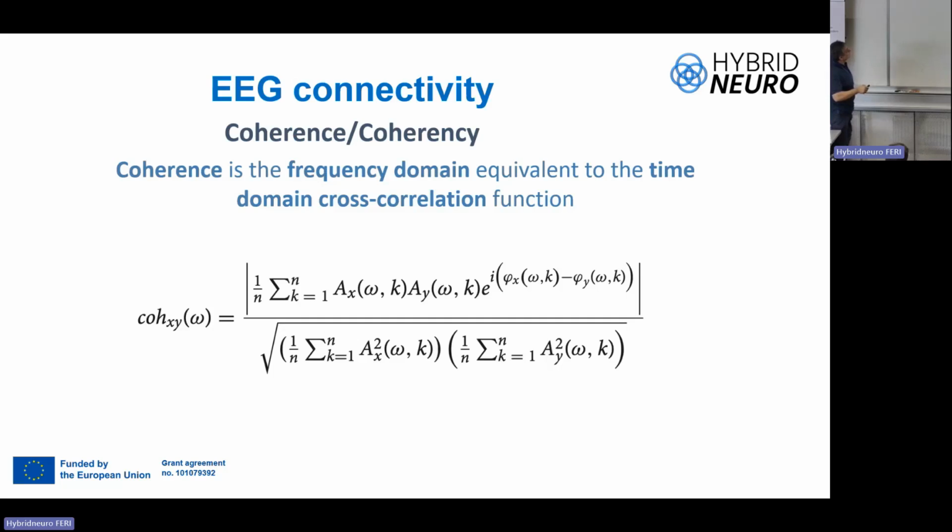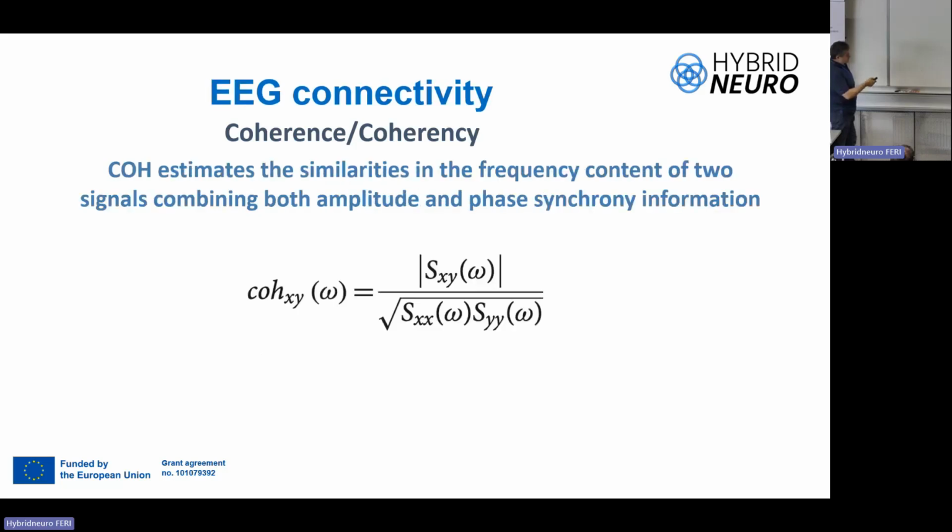So this is the Fourier transform from two signals. This is the magnitude and this is the phase. Maybe it's a little bit difficult to understand, but if I put this one, it's more clear, because this is the cross spectrum, the numerator, and the square root of the product of the auto spectrum of the two signals.